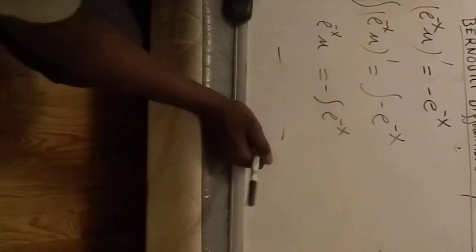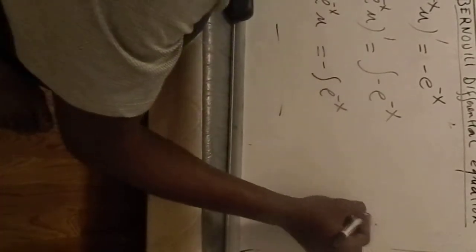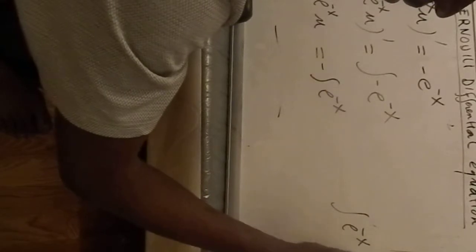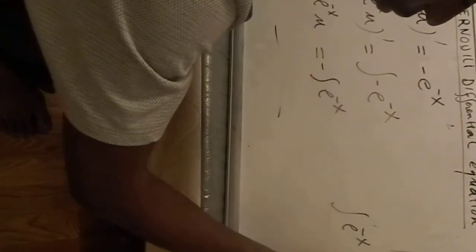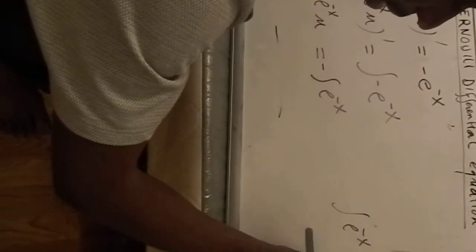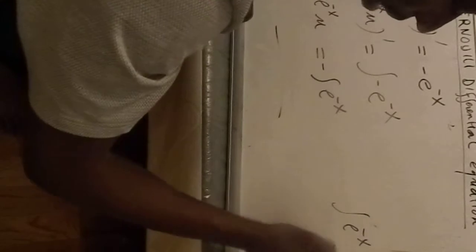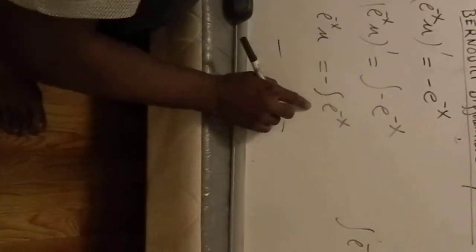We know how to integrate that because we can say, let's put v equal to negative x, and we replace inside. It's going to give you the integration for that plus c. Now that's the same thing I'm going to get here.